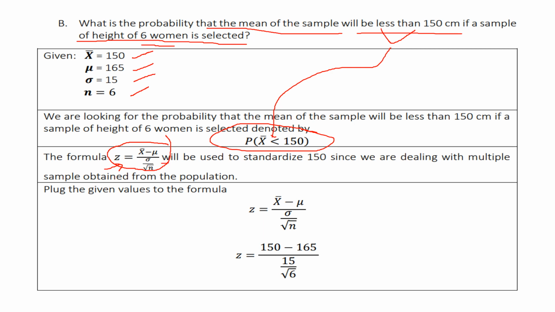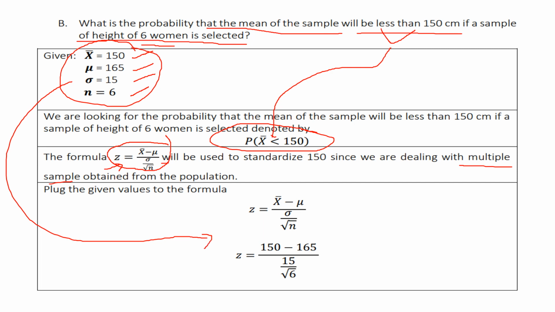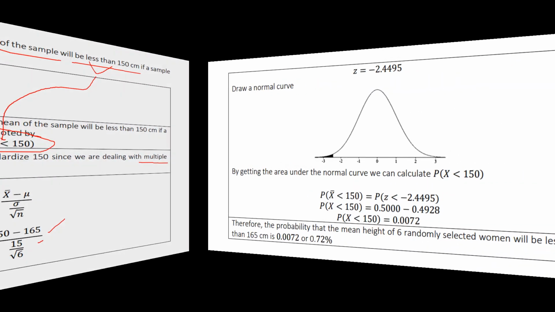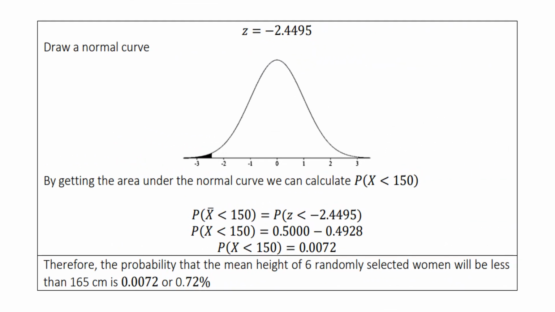We use this formula because we are dealing with multiple samples. Here there are given values, so we simply substitute the given values to the formula, and our resulting value is 150 minus 165 all over 15 over square root of 6. As we simplify, our resulting value for z is negative 2.4495.